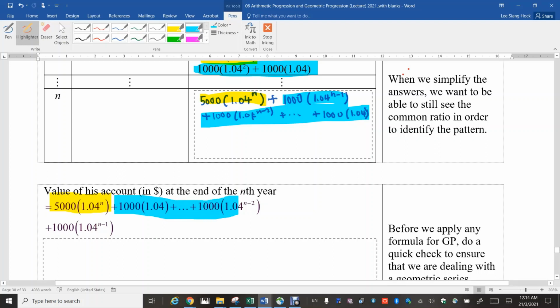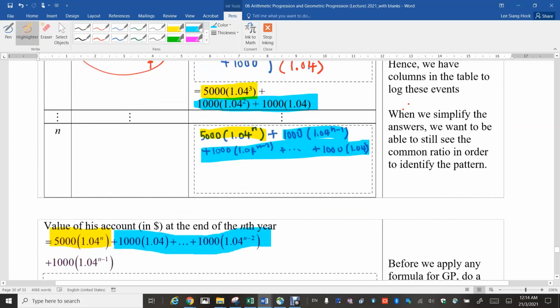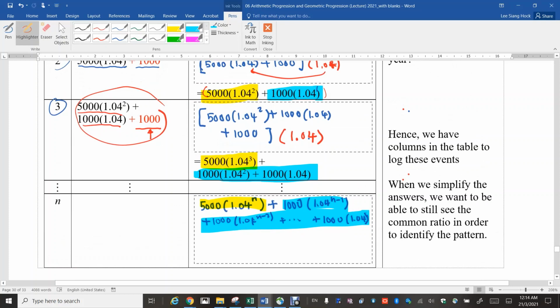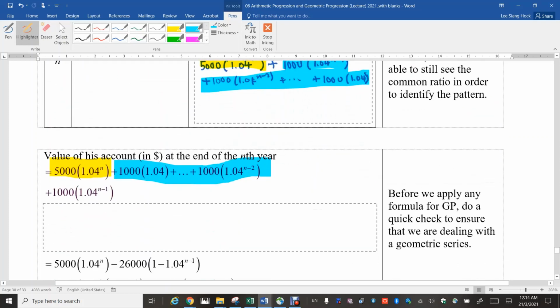It is better for us to rewrite it in reverse order, all the way until n minus 1.